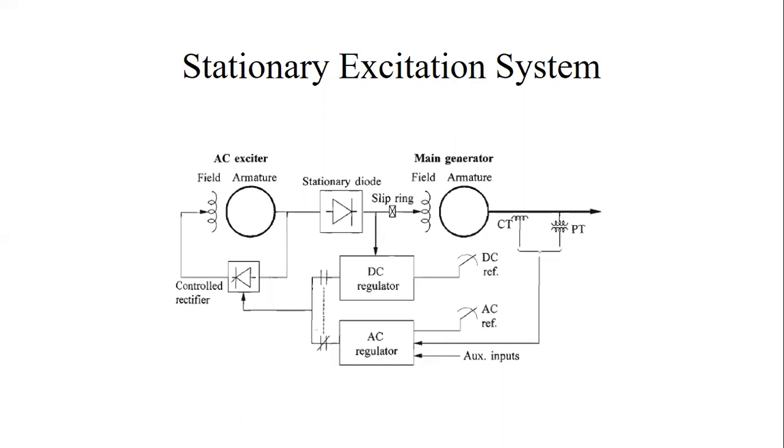In the schematic diagram, you can clearly observe these things. When non-controlled rectifiers are used, the regulator controls the field of the AC exciter, which in turn controls the exciter output voltage. A simplified one-line diagram of the field controlled alternator rectifier excitation system is shown in the figure.